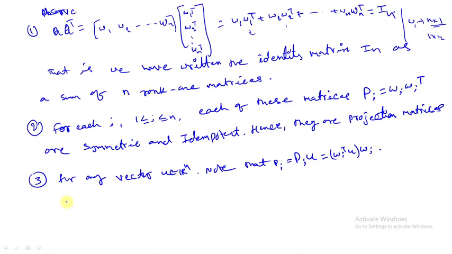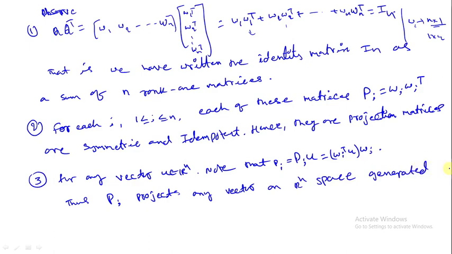What that means is that capital Pi projects any vector on Rn onto the space generated by Wi.